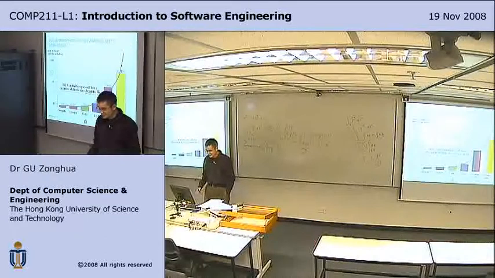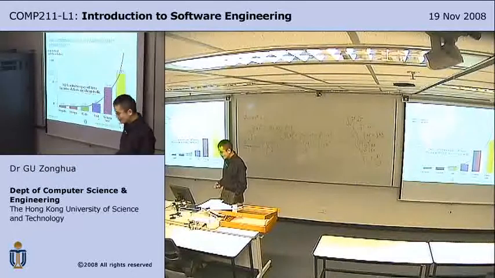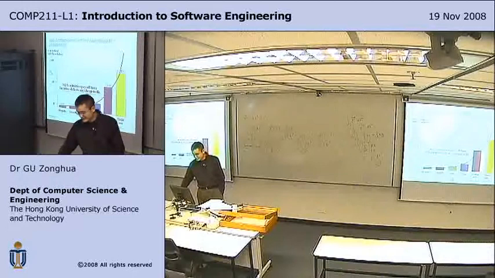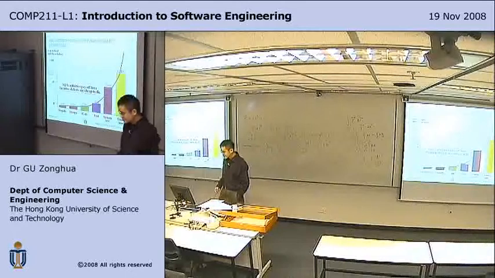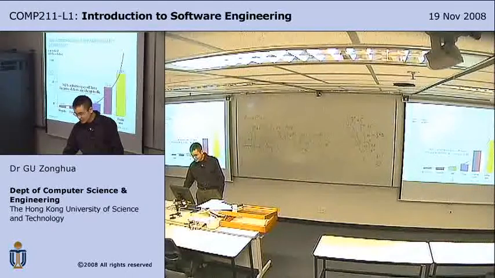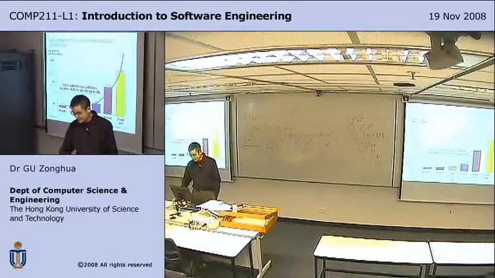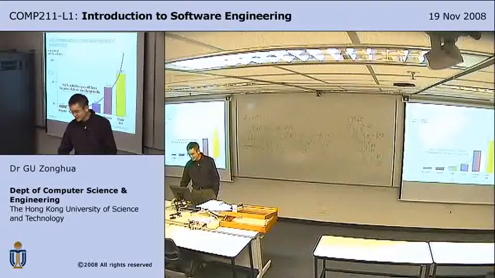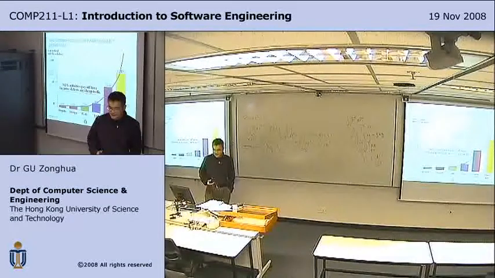So we saw this statistics before. This is saying when bugs or defects exist in the system, the earlier you detect it, the cheaper it is to fix. Suppose you have a baseline of 1 unit as the cost in terms of either time or money to fix a defect in the requirement stage, then it gradually increases up to 80 to 130 when you detect the defect in field use.